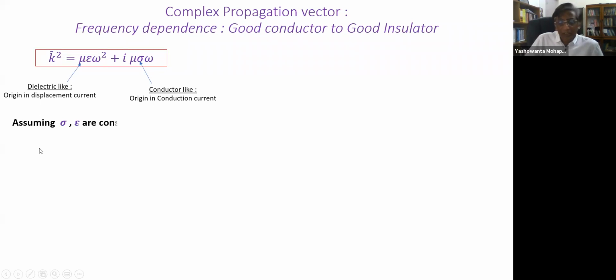Assuming sigma and epsilon are constant, though with omega they are not, as we'll see later, suppose we assume they are constant in the range of frequency I'm interested in at the moment. Even then, I can take the ratio.